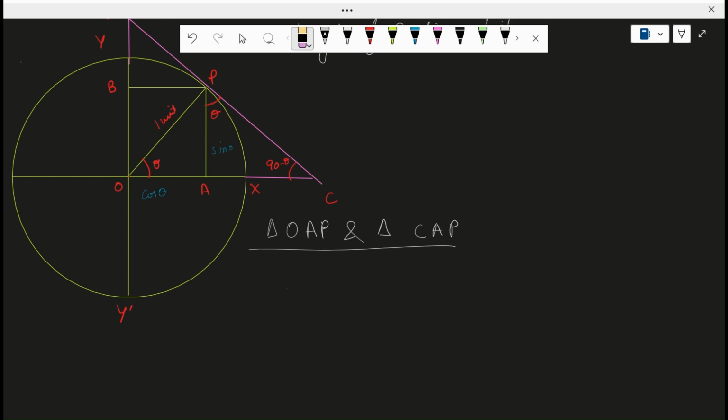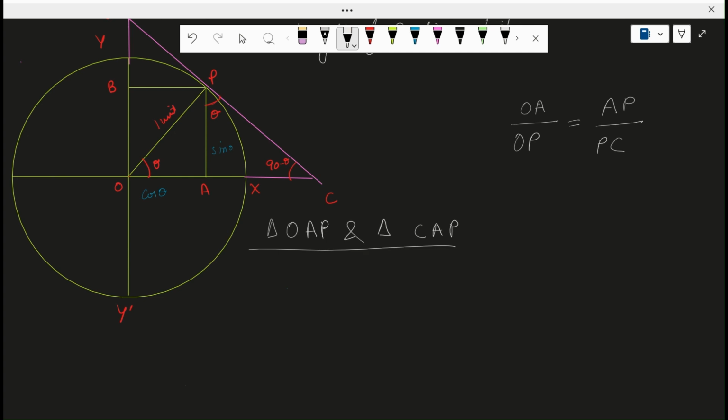We will get the length OA upon OP is equal to length AP upon BC.